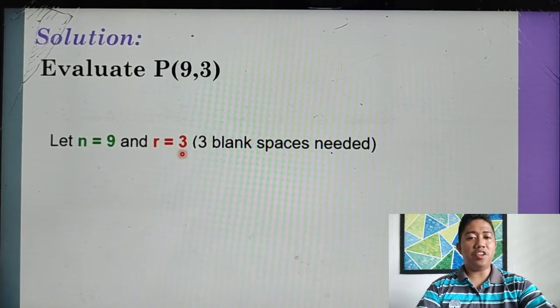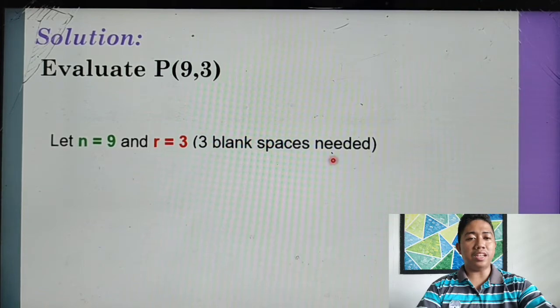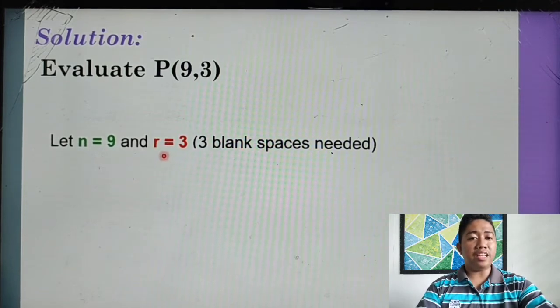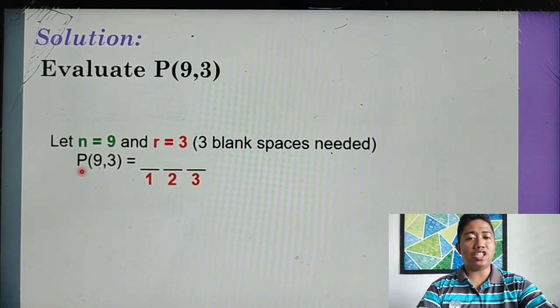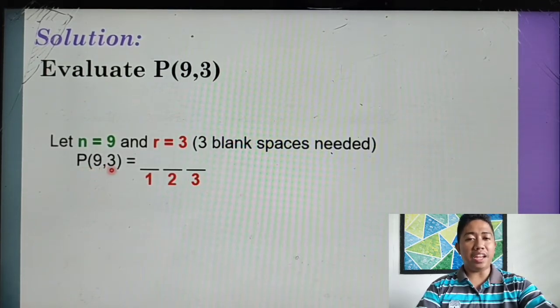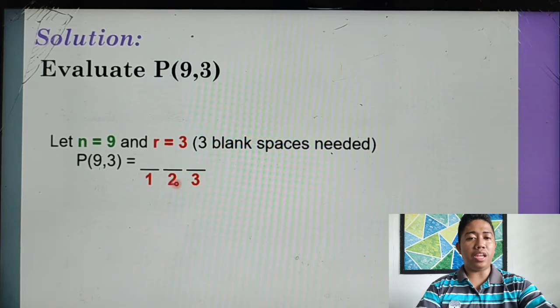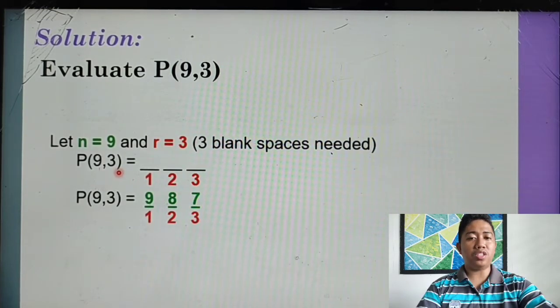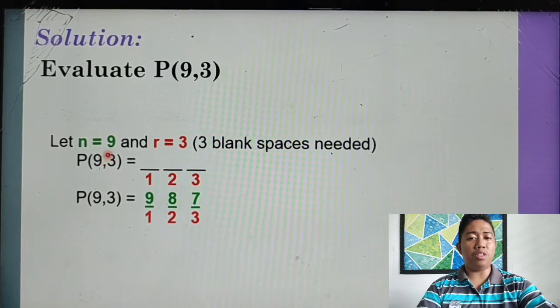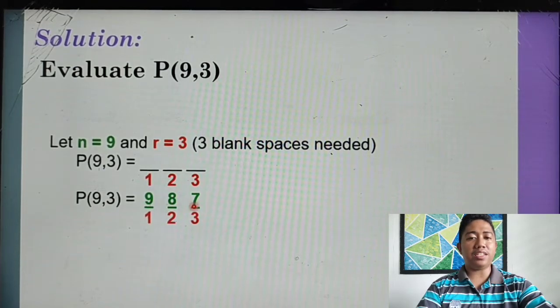To solve more easily, we put 3 blank spaces, depending on the value of r. So the permutation of 9 taken 3 is equal to 3 blank spaces. The next thing to do is to start with the largest value, n, which is 9, and decrease by 1 in each of the factors: 9, 8, 7.